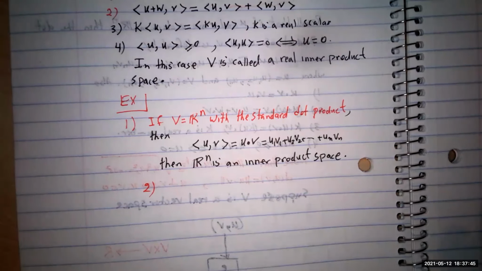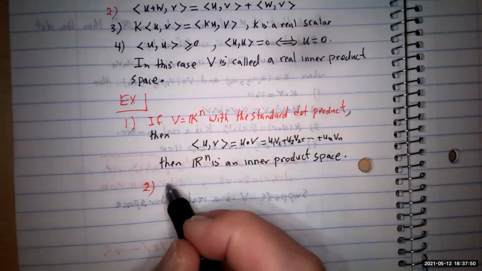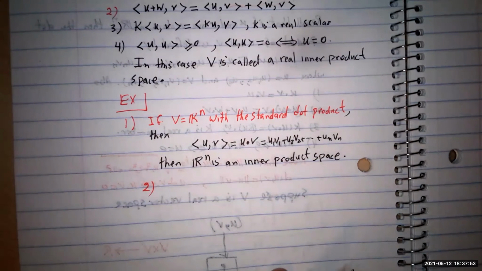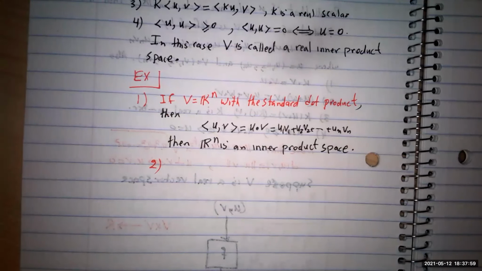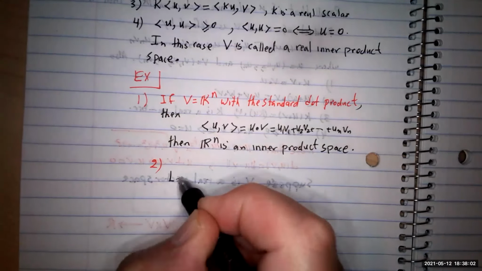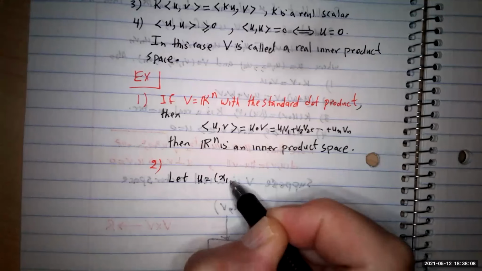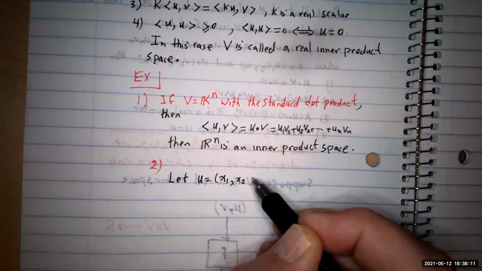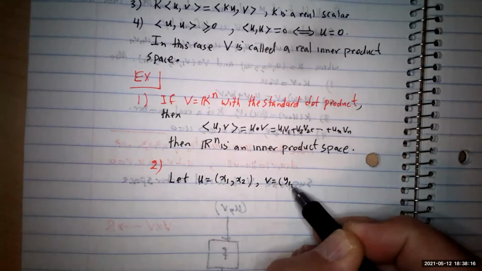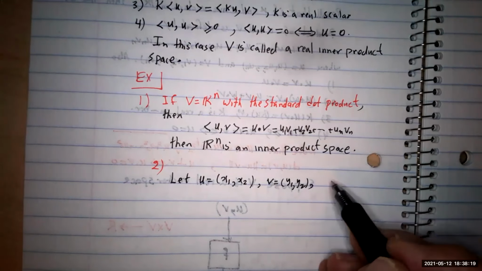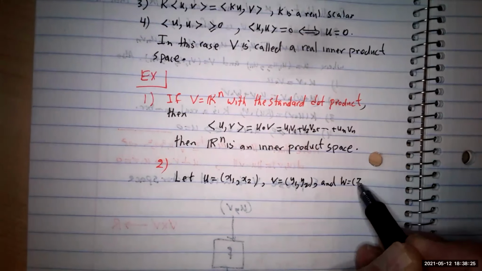Suppose, for example, I'm going to show that V equal to R2 with a different definition of inner product is an inner product space. For example, let U be equal to X1 and X2, and V equal to Y1 and Y2, and W equal to Z1 and Z2.